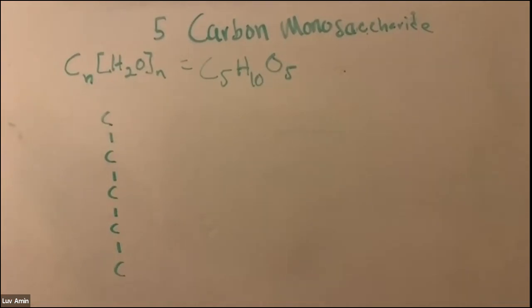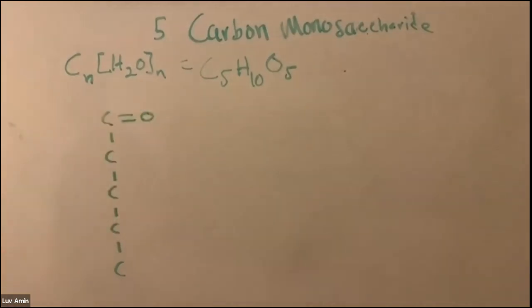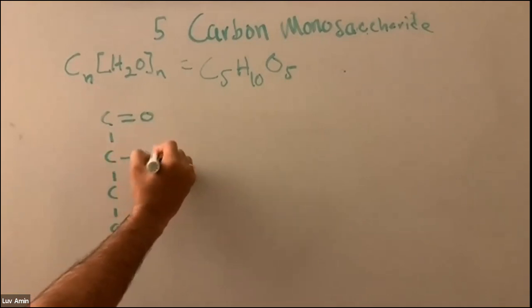Second, you want to pick 1 carbon to be your carbonyl. In this case, I'm going to pick carbon 1. I'll put a double bond. And then, as we stated before, the rest of your carbons get a hydroxyl group. So OH on carbon.